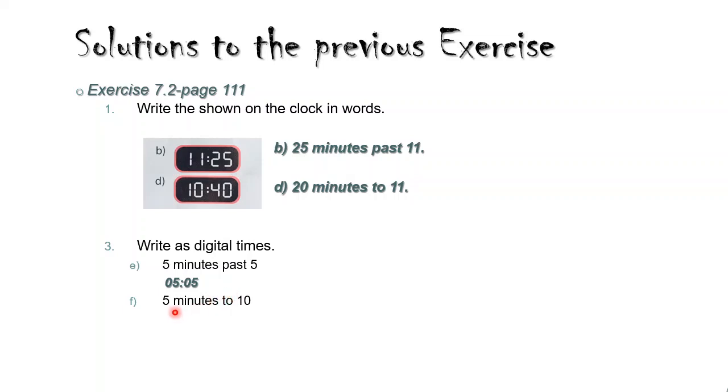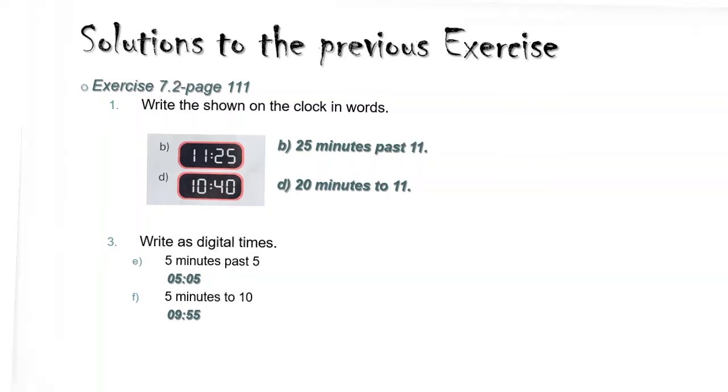Here it says 5 minutes past 5. Then here it says 5 minutes to 10. That means the moment we have this to, the time is not 10 yet. There are 5 minutes to go to 10. The time is 9:55.